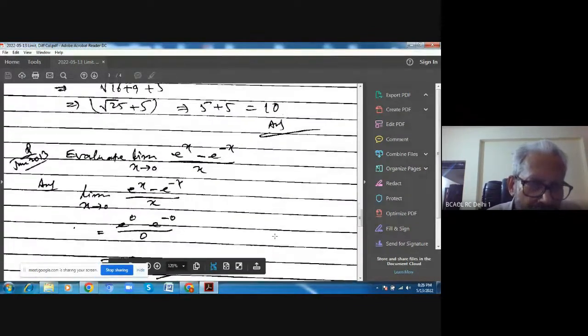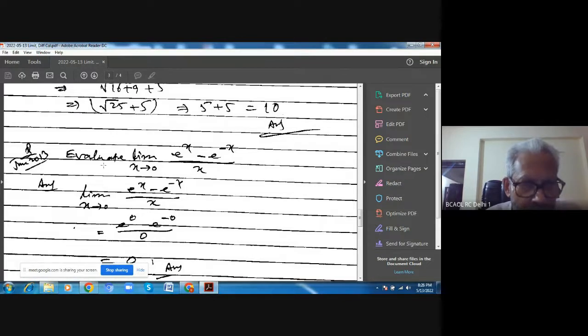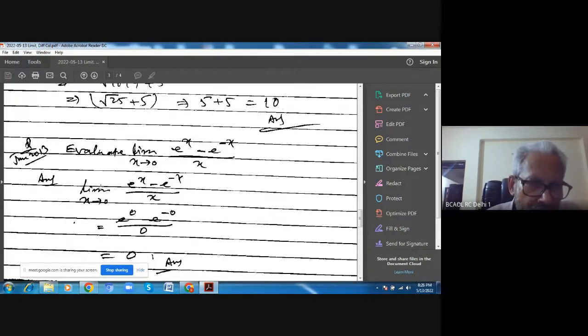Another one, this came in the 2013 June exam paper. Evaluate limit x tends to 0 of the function e to the power x minus e to the power minus x divided by x. To put the value straightaway, 0 by 0, so the answer is 0.